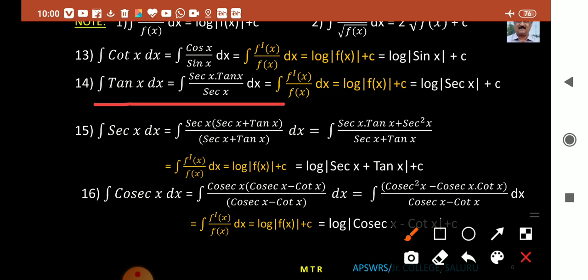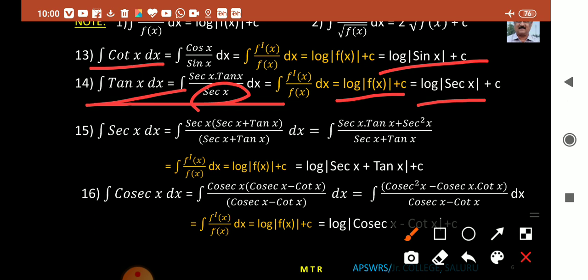Here the denominator is secant x. The derivative of secant x is secant x into tan x. So the derivative of the denominator is the numerator. So you apply the first formula. Log modulus, here the denominator is secant x. So log modulus secant x plus c. So the integral of cot x is log modulus sin x. Integral tan x is log modulus secant x plus c.